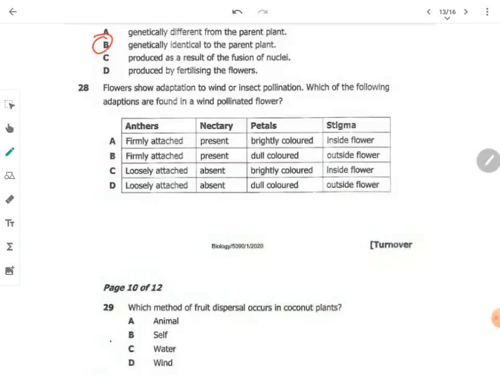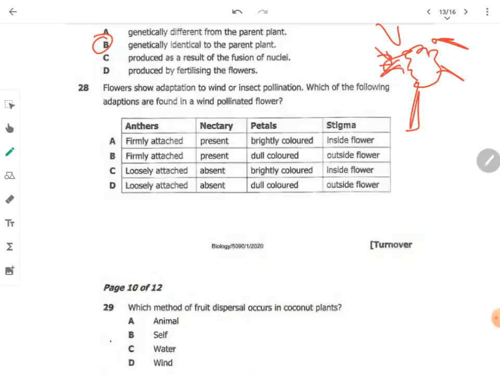28. Flowers show adaptation to wind and insect pollination. Which of the following adaptations are found in a wind pollinated flower? So in a wind pollinated flower, what are you likely to find? Let me say this is a flower. When wind comes, it is able to shake the flower.